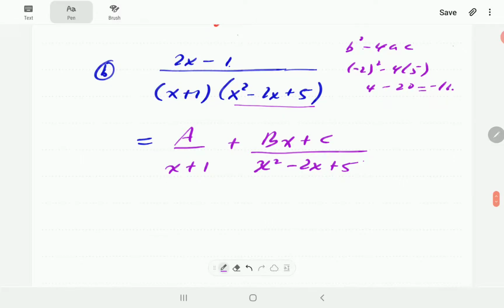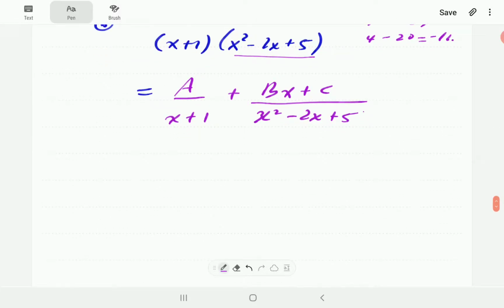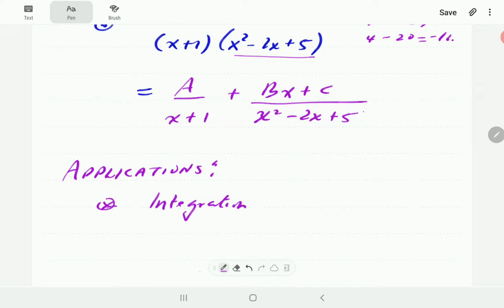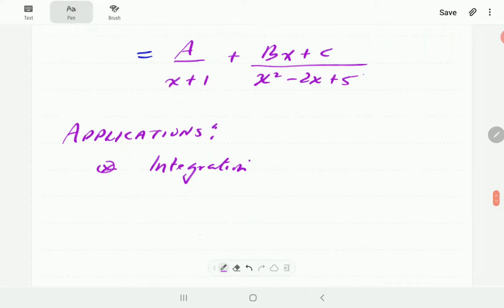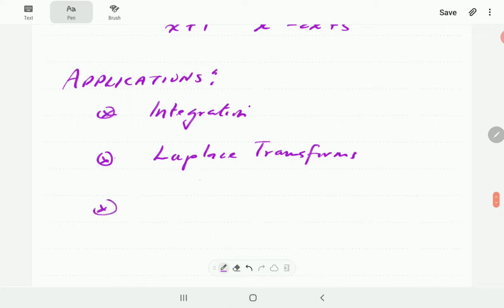But before we do that, let's just list a few applications of partial fractions. Okay, so applications of partial fractions in integrating rational functions. Partial fractions are going to be very handy in working out inverse Laplace transforms. Again, partial fractions will be very useful.